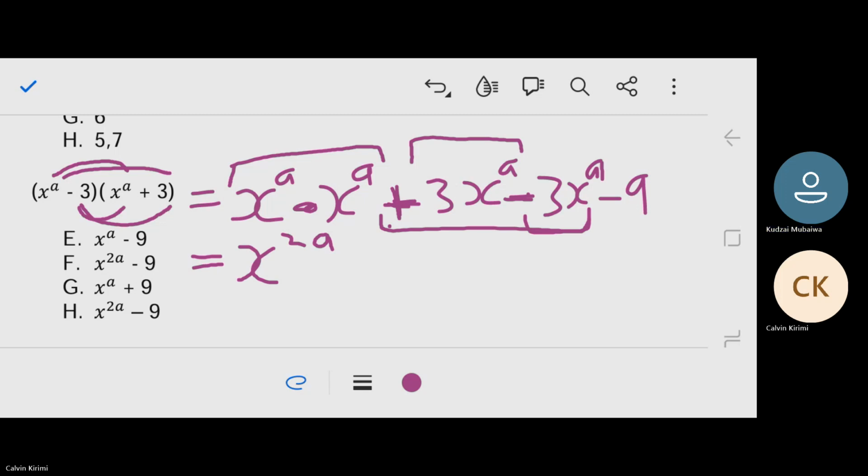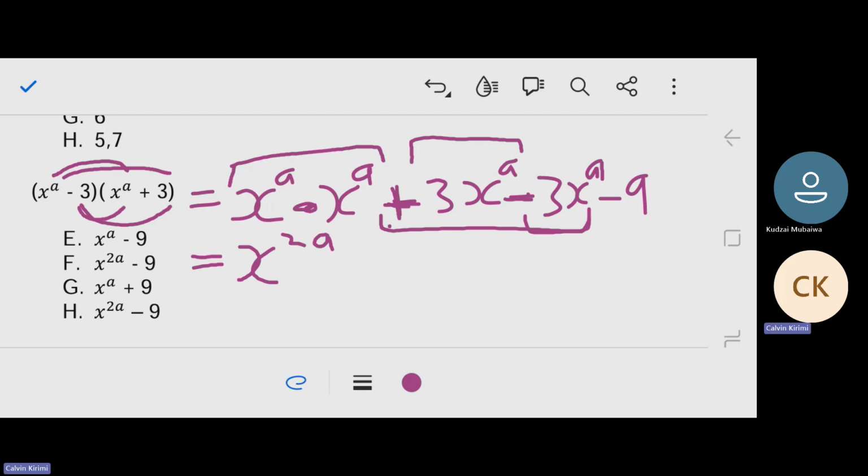Do we multiply them also? We are adding. Plus 3x to the power a minus 3x to the power a. What is the answer? It's x to the power of a. Why?